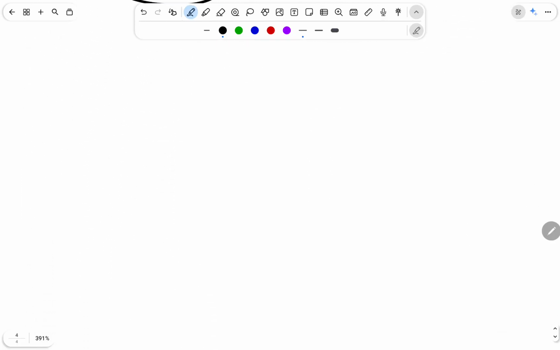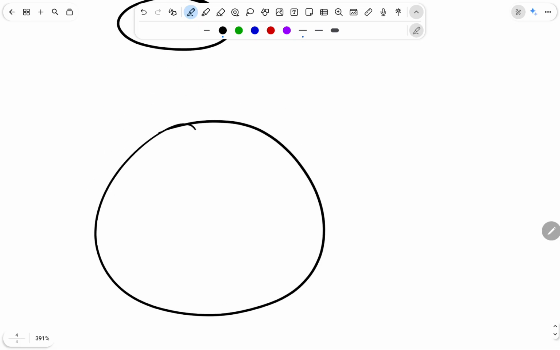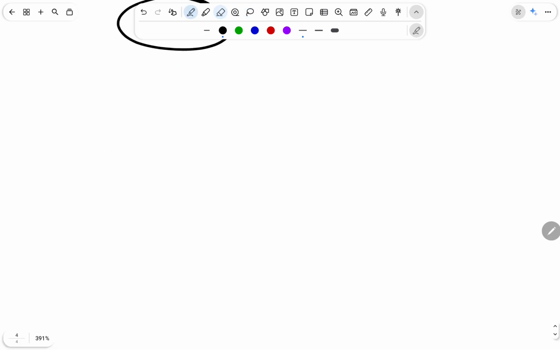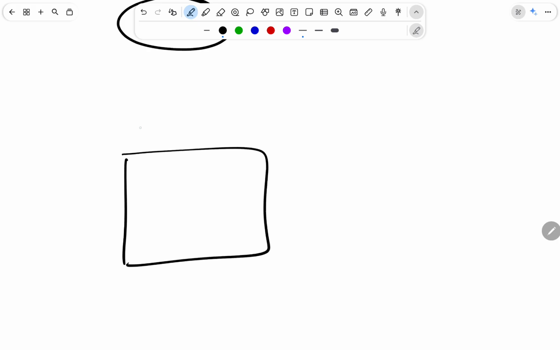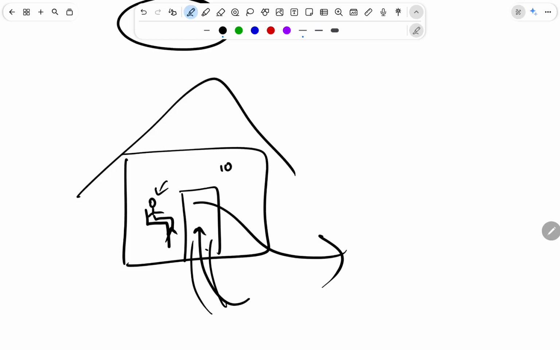It's like a senior citizen in the house. If you consider the cell as a house, this is how we used to draw, and inside this there is a senior citizen in a wheelchair. When you want to see this grandmother, you have to go inside, but she won't come out, right? So it is only influencing, and if the house has a capacity of 10 people, 10 people will go in.